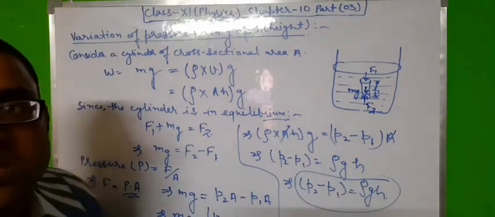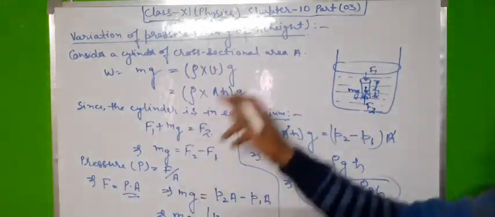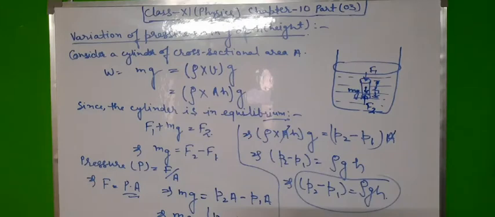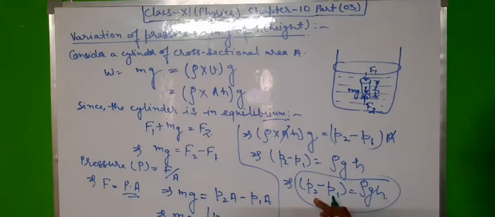So dear students, this is how the variation of pressure with depth takes place. Look at here, the difference of pressure P2 minus P1 is directly proportional to the height h.